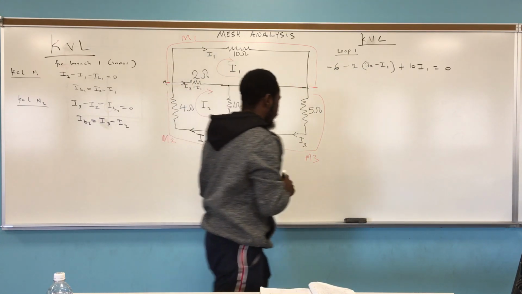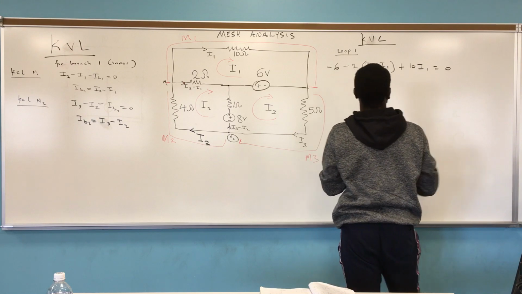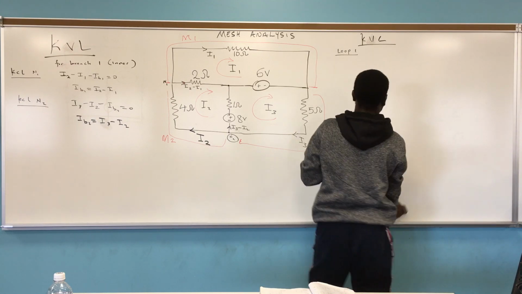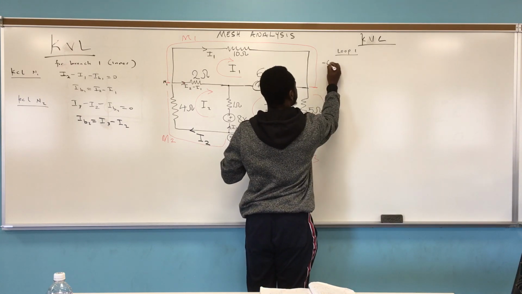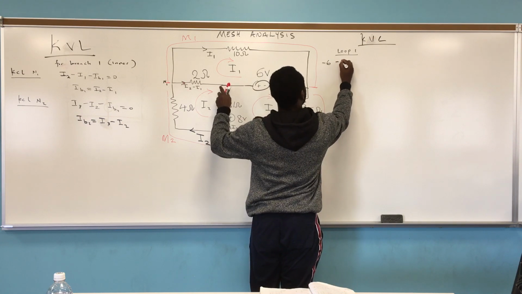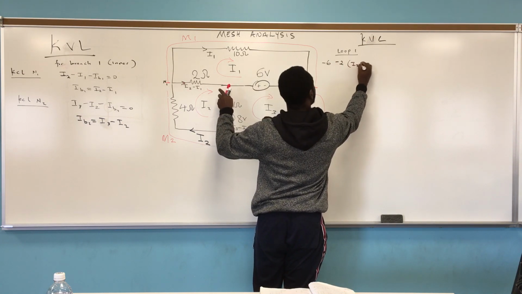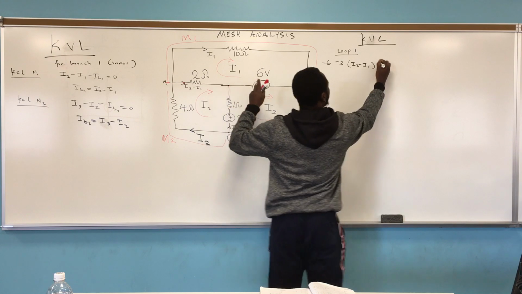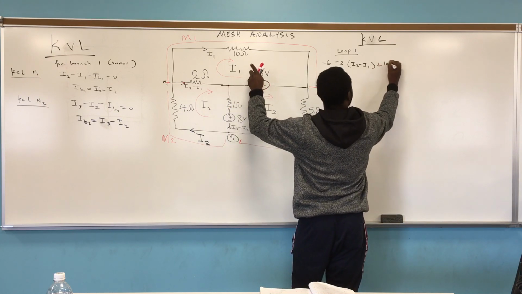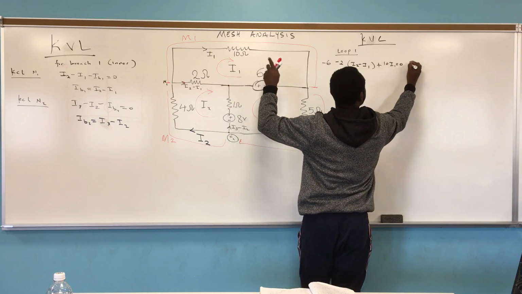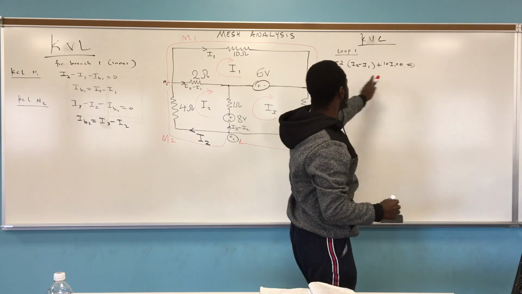If we rewrite this, let me just conserve my space. So we had minus 6 minus 2 into I2 minus I1 plus 10 I1 equal to 0. It implies that I'll rearrange this.